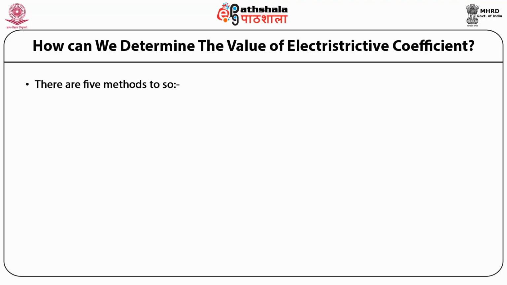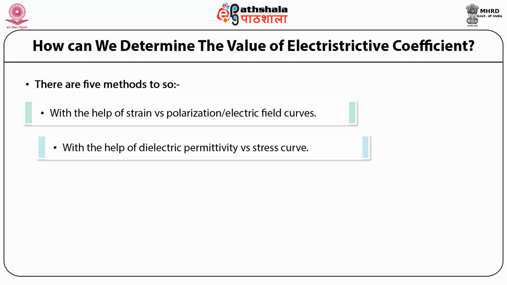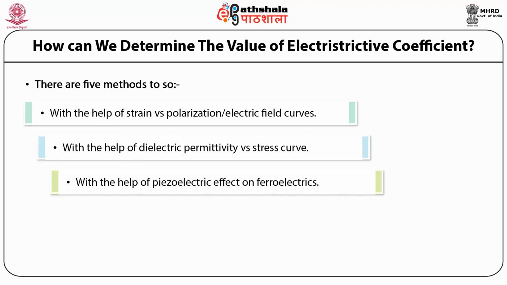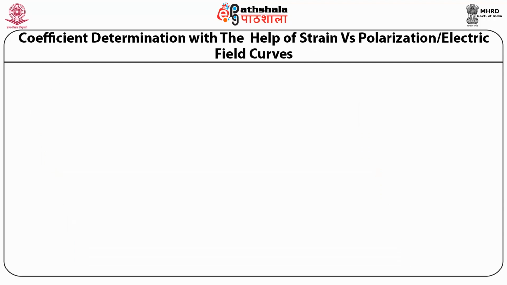These are based on: one, strain versus polarization or electric field curves; two, dielectric permittivity versus stress curves; three, the piezoelectric effect for ferroelectrics; four, the lattice parameters; and five, the dielectric permittivity under DC biased electric field.